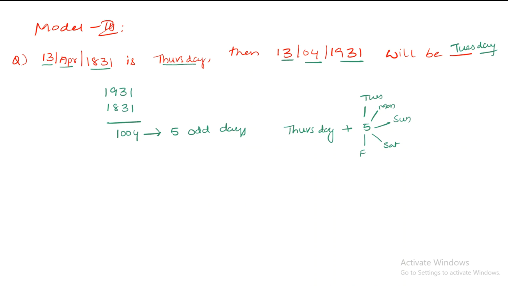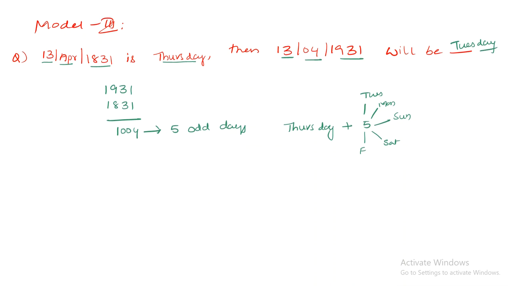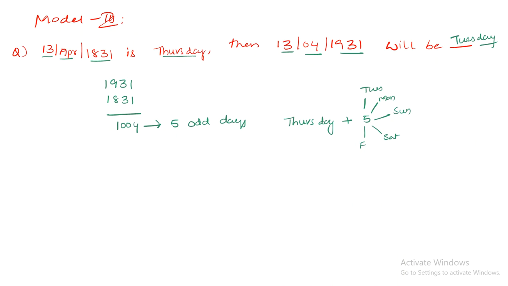Okay, I will try to solve one more problem here. Let me take a question. Suppose the question is like this: 8th October 2013 is Tuesday.